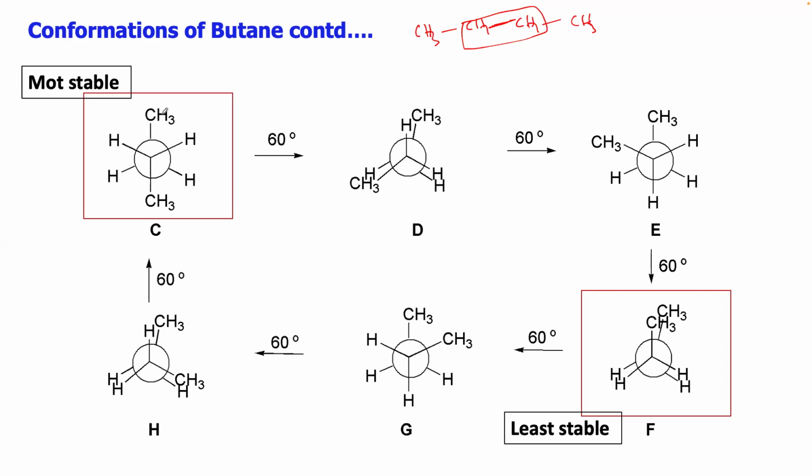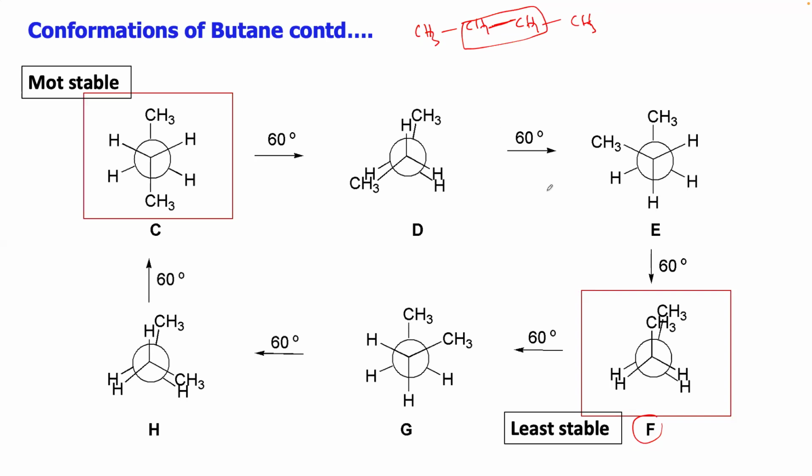And when these CH3 groups are staying away from each other, as shown in C, that's the most stable situation because there's no steric interaction. But when these big groups are eclipsed, as in F, that's the least stable because the CH3 groups are eclipsed and have the highest steric clash.